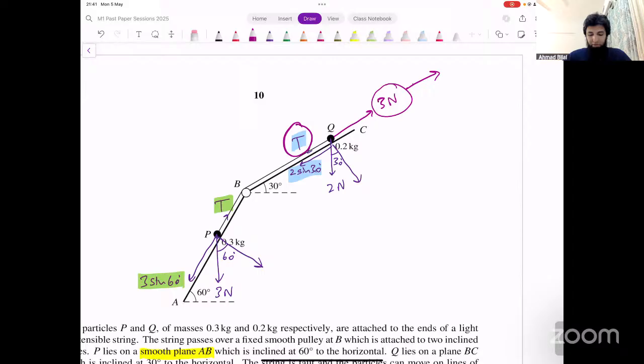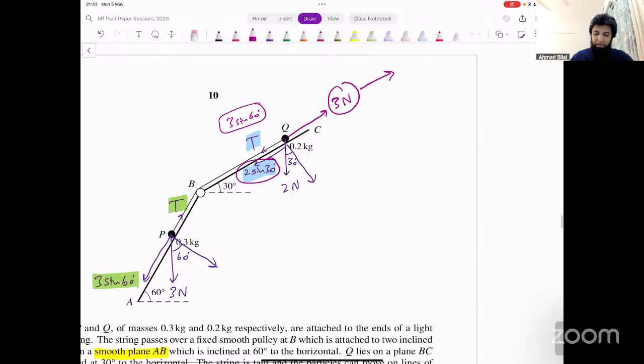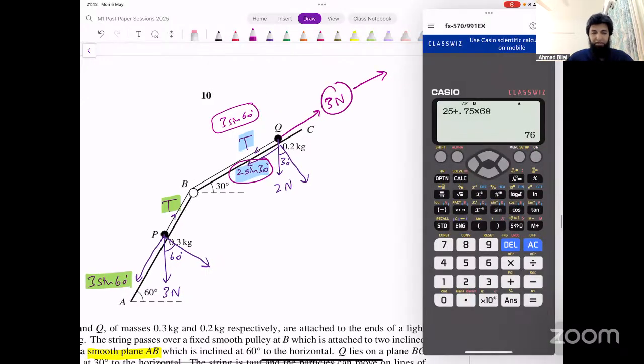If it's equilibrium, these two are supposed to be equal to each other. In the upwards direction, the total force that we've got is 3 Newton. In the downward direction, if it's at rest, the force right now, before considering friction, is 3 sine 60 and 2 sine 30. Let's evaluate this to see in which direction there is a greater total force.